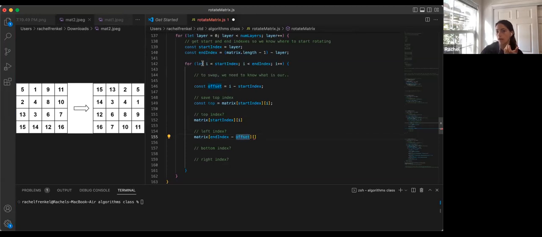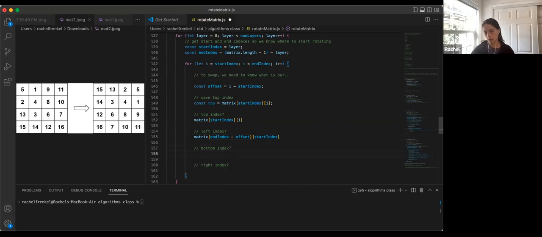It's just that we can't use I because I isn't starting at 0. So it's end index minus the number of times we've gone through this loop. This is the one that will stay the same, and what will that be? It's going to be start index. Right? This is where we're starting this layer from.